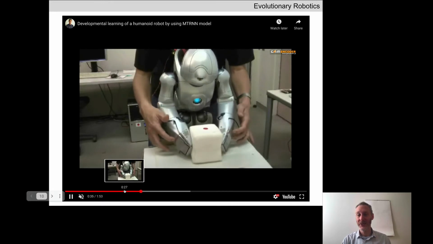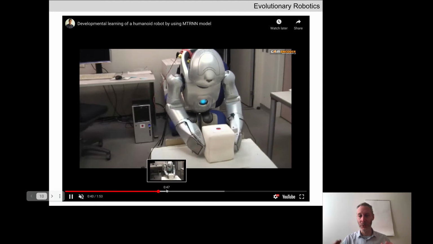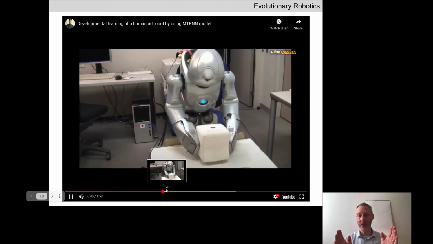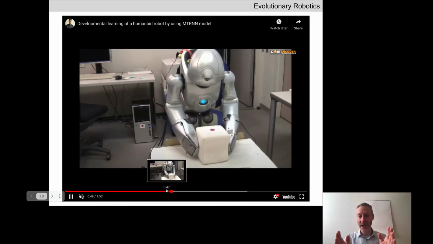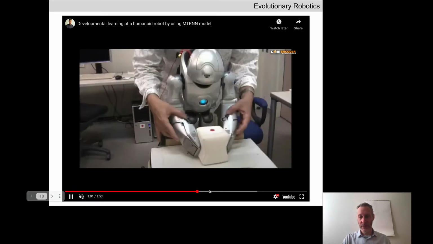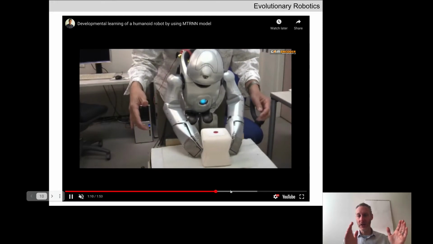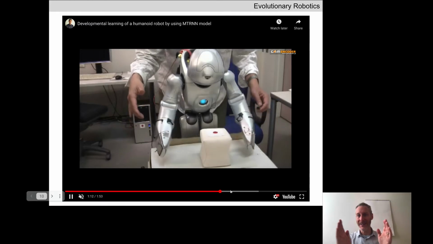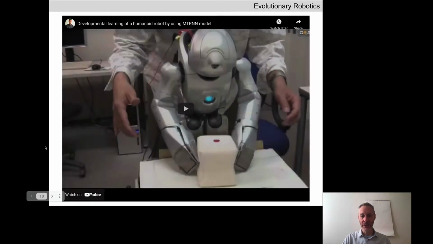The human is literally helping the robot move through what it's supposed to be doing. For our purposes at the moment, it's just important to realize that this robot is evolving the ability to, for example, lift the block up and down a couple of times. That's not the only thing it's asked to do. It also evolves the ability to move the block left and right a couple of times. So nothing too complicated.